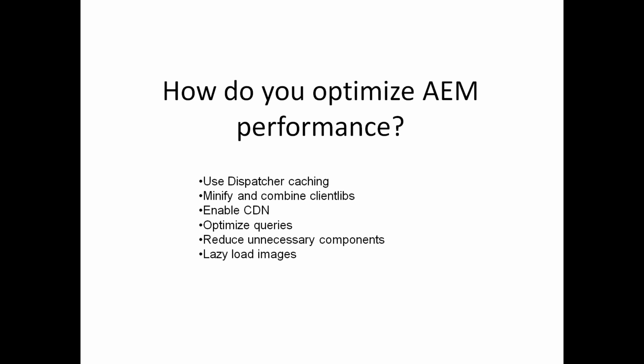These are all the things we can use to optimize our AEM performance. We also monitored logs and used tools to identify slow components or memory issues. At front-end level, we optimize the client libraries by minifying and combining CSS, JS files, enabling lazy loading for images, and reducing unnecessary DOM rendering.